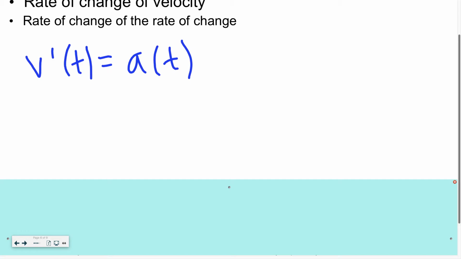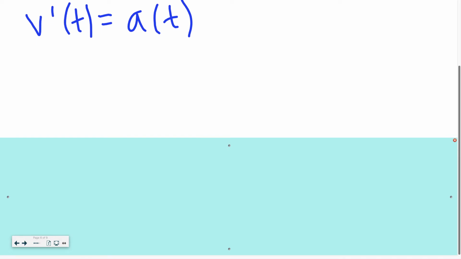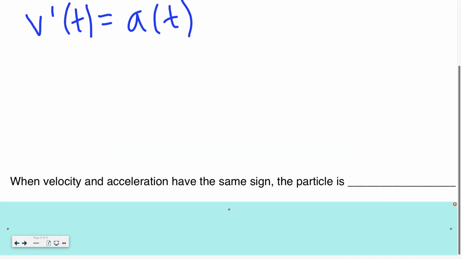If I have negative velocity, if I want to speed up in the negative direction, then my acceleration would need to be negative. So if you have acceleration and velocity that have the same sign, which means both are positive or both are negative, then we know that our particle is speeding up.